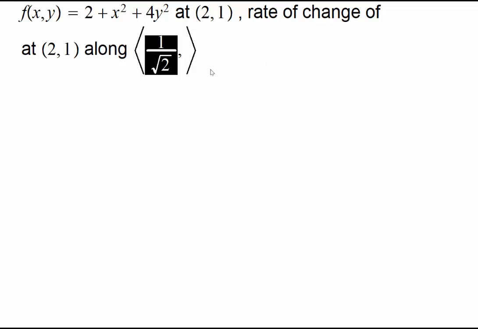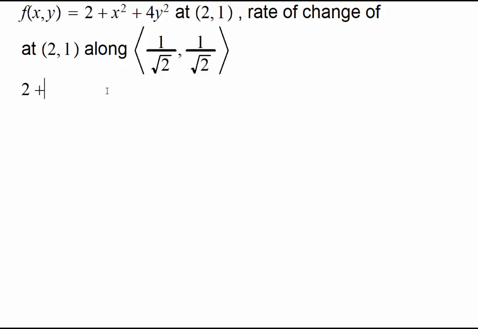All right. So what will happen here? If you look at this, since we are starting at x equals 2, say we move along this vector by a parameter value t.